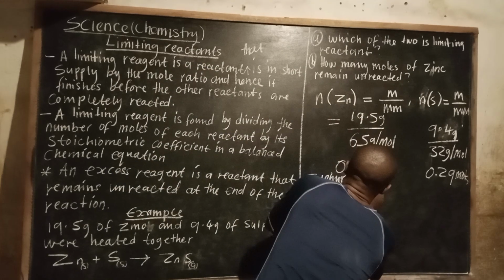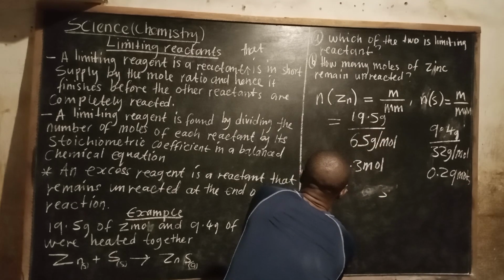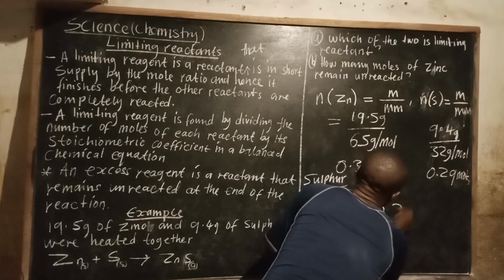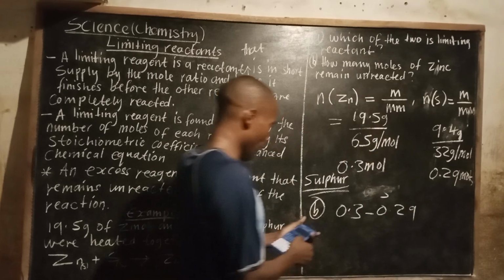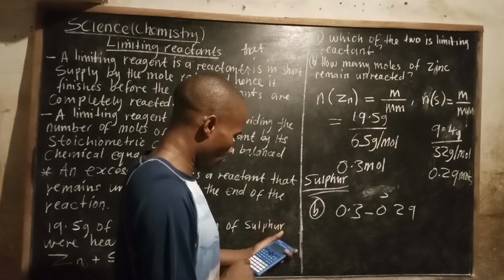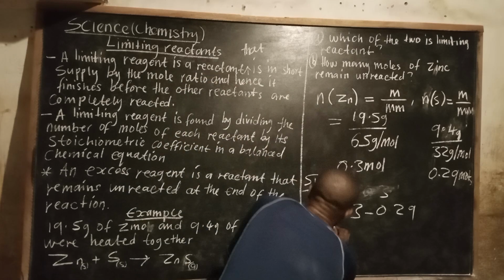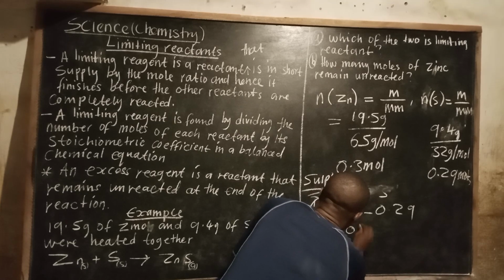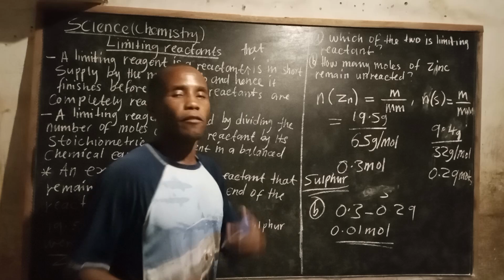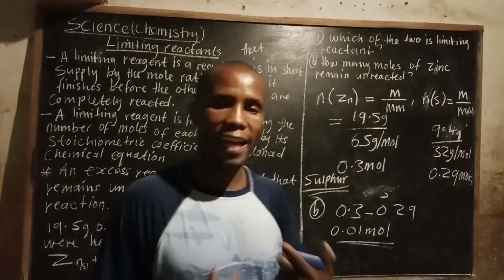So we are going to say, this is B, let me write it here, 0.3 minus 0.29. What is the answer? The answer is 0.01 mole. So 0.01 mole of zinc remained unreacted.